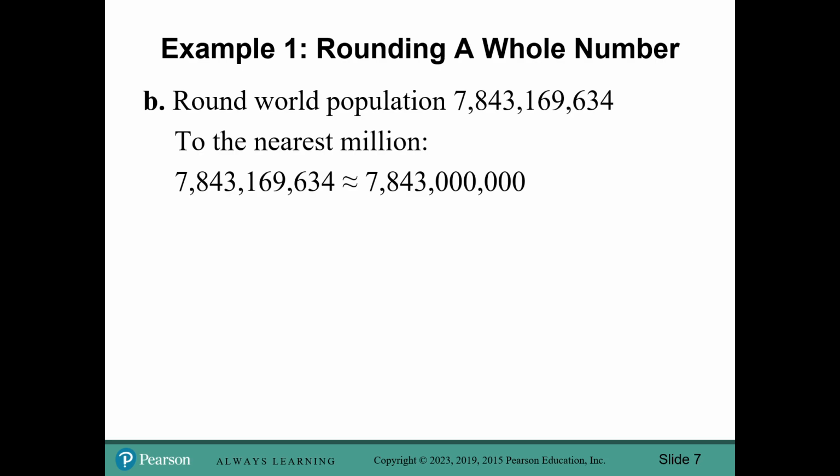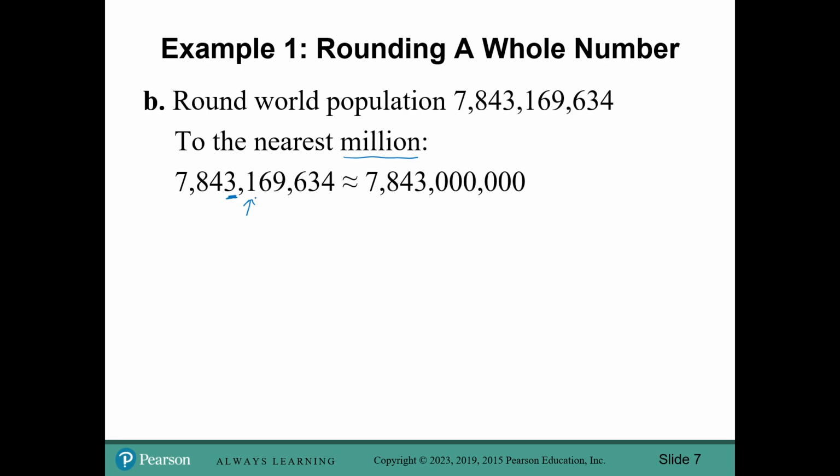Now, example 2 takes the same world population and rounds it to the nearest million. So now we need to look at the millions place. That's right here at this 3. In order to round to this place, we need to look at the number that comes after it, the number in the hundred thousands place. In this case, it is a 1.